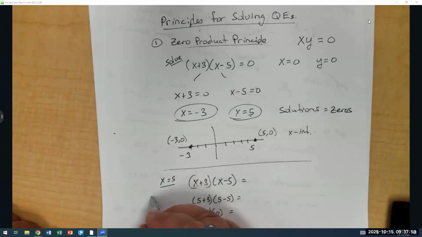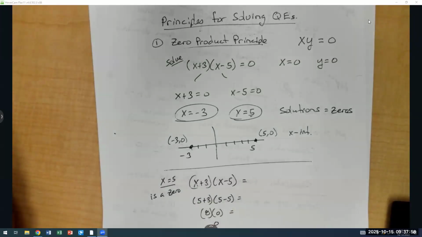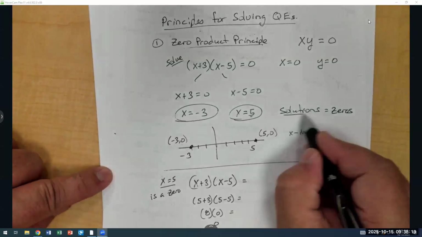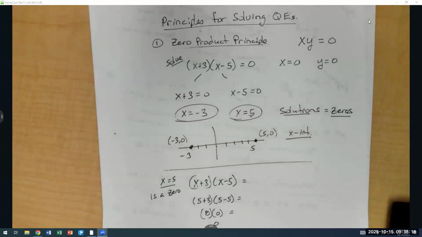That's why this is a 0. Because if I plug it in, the equation equals 0. You see the connections I'm putting here. So a solution is the same thing as an x-intercept, is the same thing as a 0. The 0 is the value of x that makes the whole thing equal 0. That's the zero product principle.